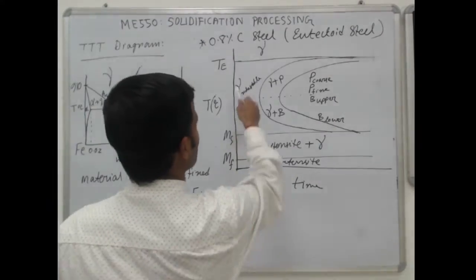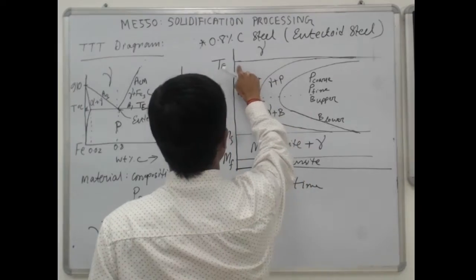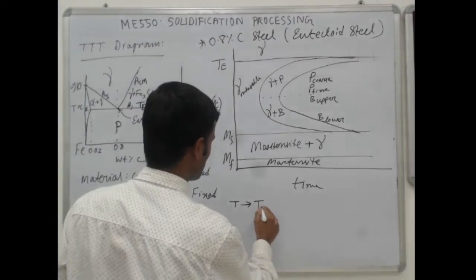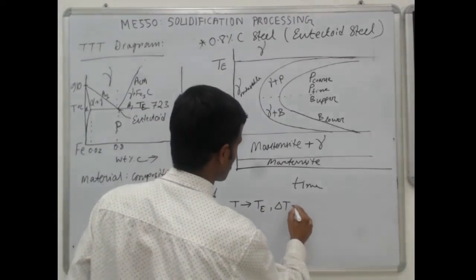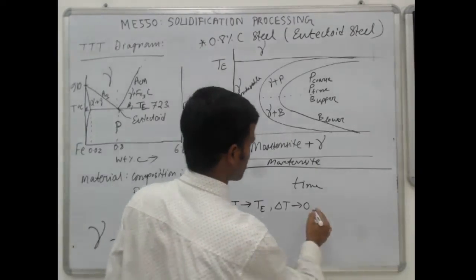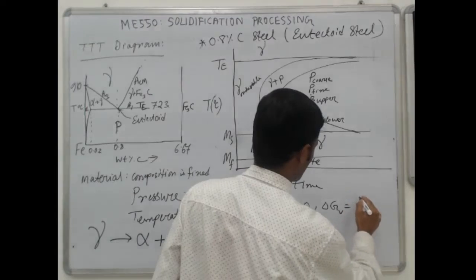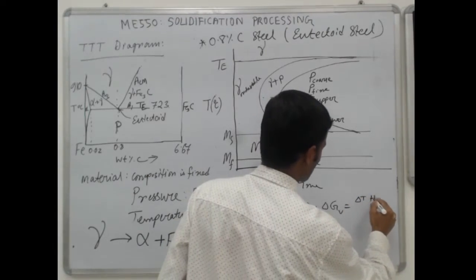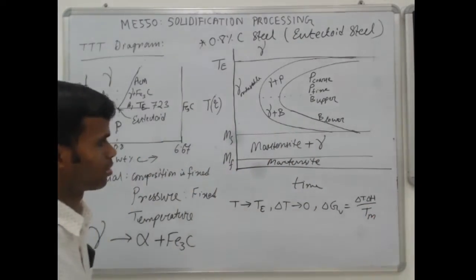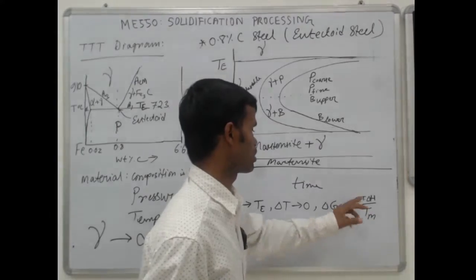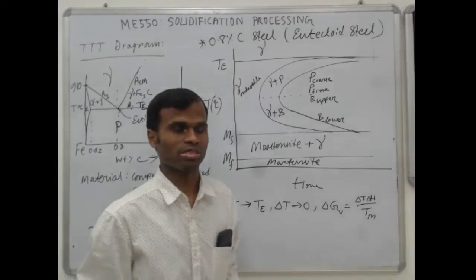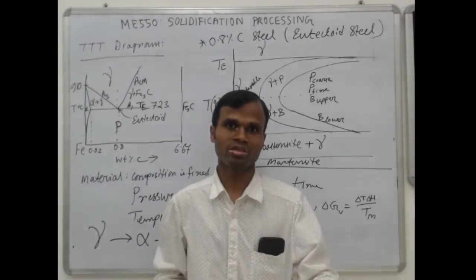Now if you see this curve, as your temperature is very close to the T0 temperature, what will happen? Delta T is very less or tends to 0. So that means the driving force, delta GV, delta H delta T by Tm, is proportional to delta T. So the driving force for nucleation is very less, and nucleation will take a long time.